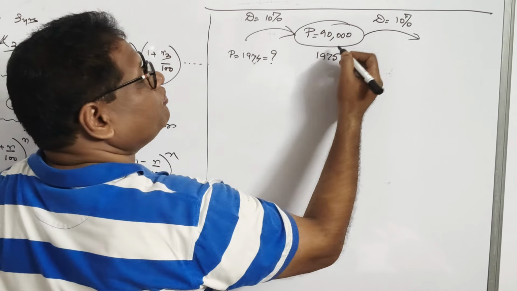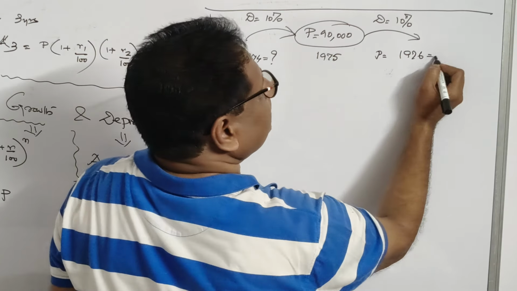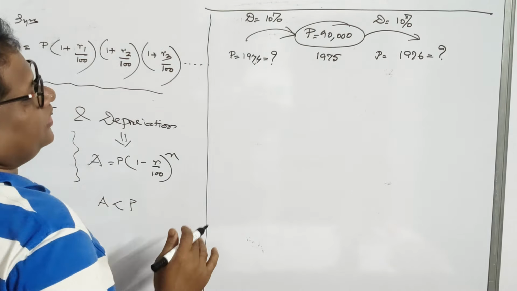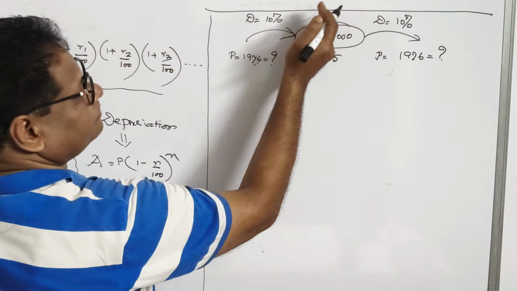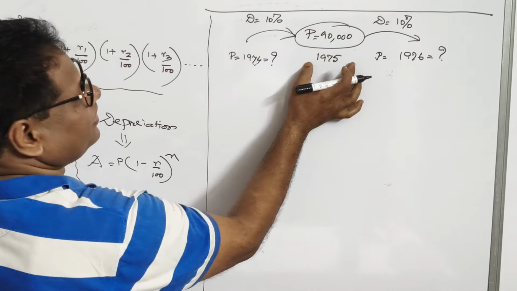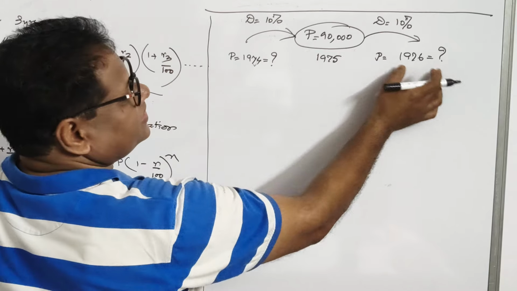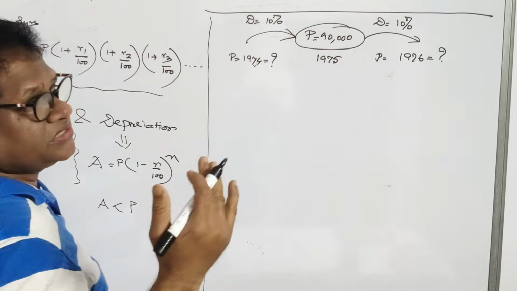And what was the population in 1976? This is also missing. You know that the principal sum is depreciating. That means the population in 1975 was less than 1974, and the population in 1976 is less than this, because every year it is decreasing. Depreciation means decreasing.